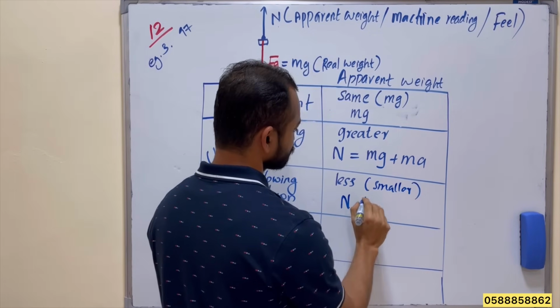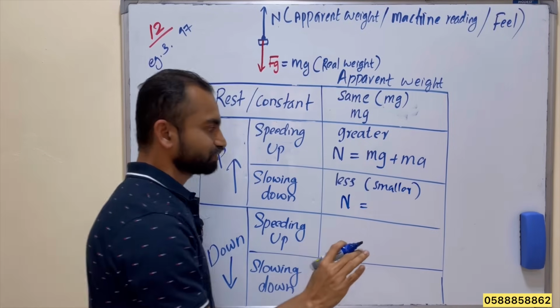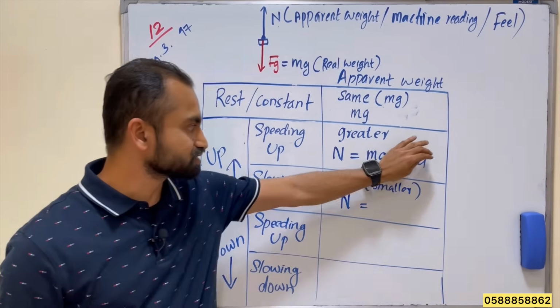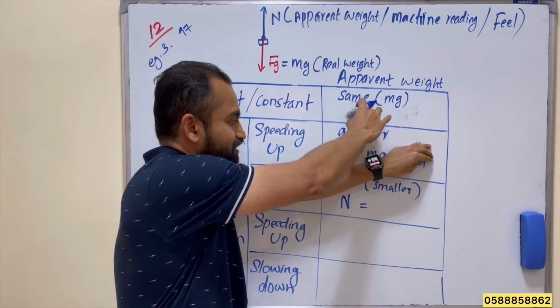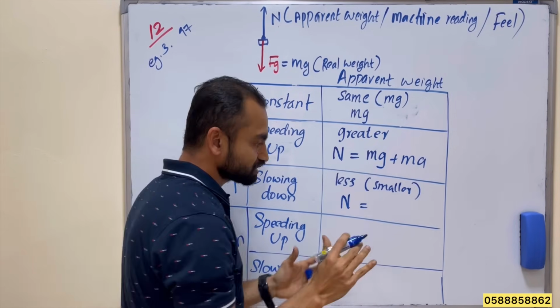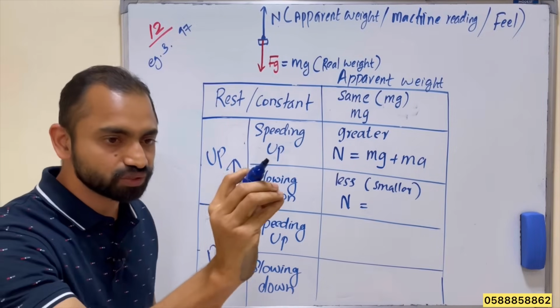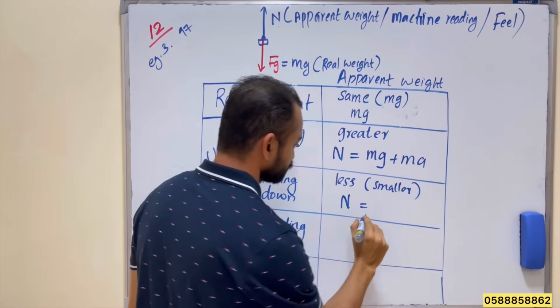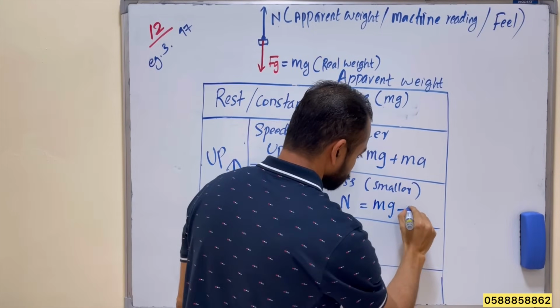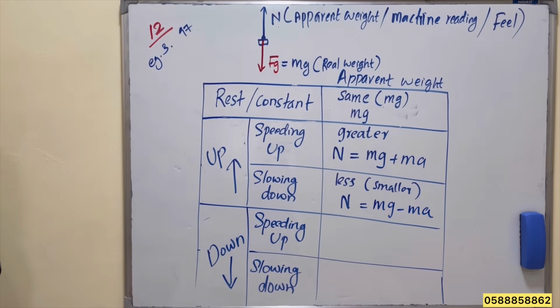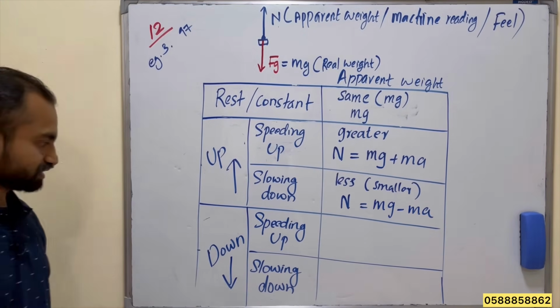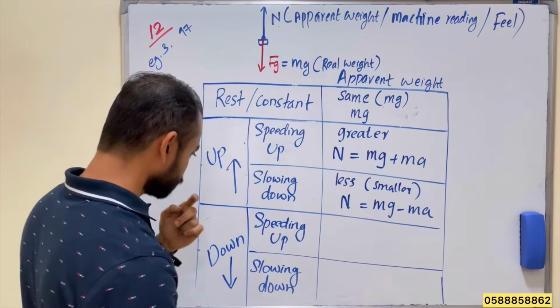If there is no acceleration, apparent weight is equal to mg. So if the apparent weight is less, we are reducing something from that mg. So mg minus ma.